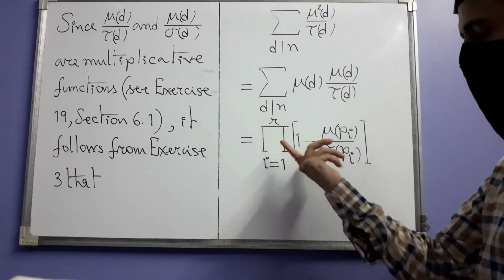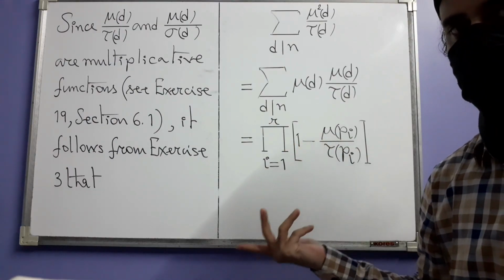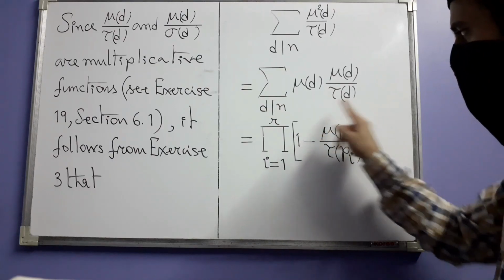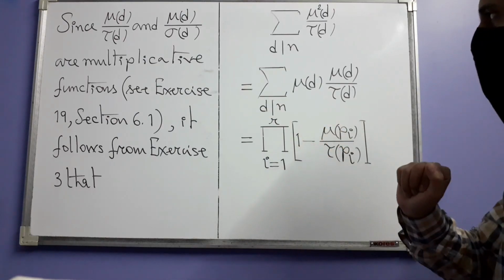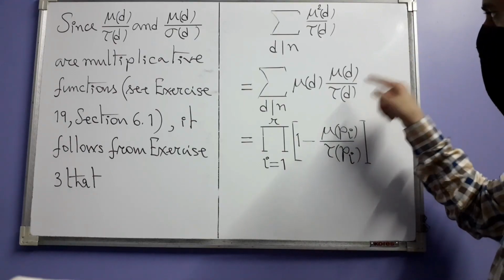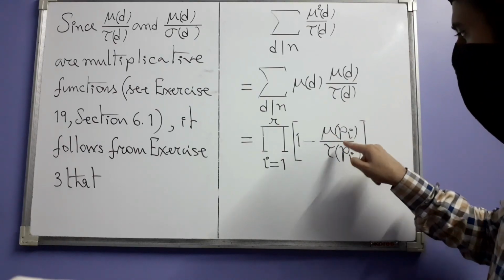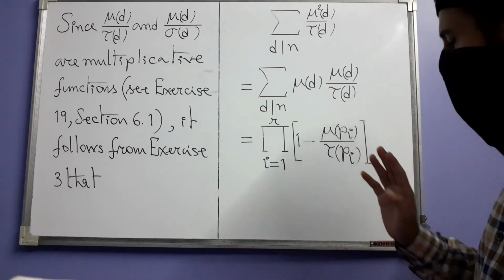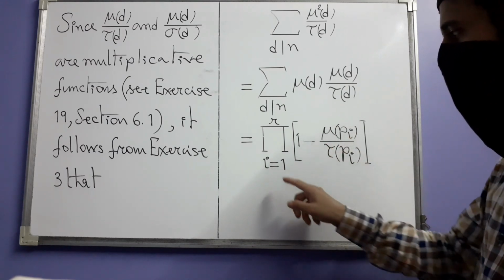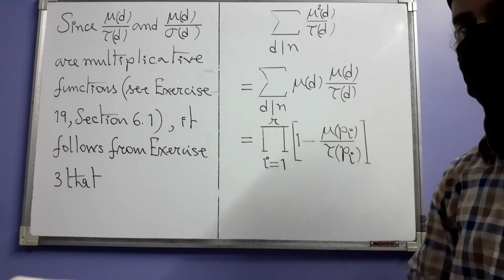I have used the product notation because it saves space. So it's the product of terms like this, 1 minus the function f is here this. F of p1 is mu of p1 divided by tau of p, well, it's pi actually, because I am talking about the general term, and here i varies from 1 to r.